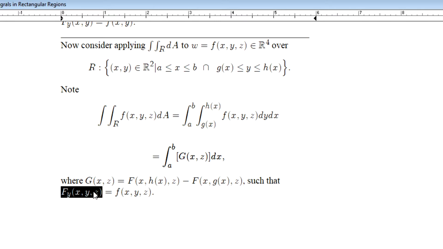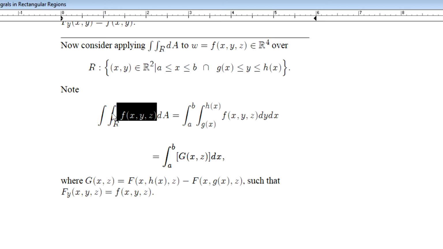being a multivariable description of the antiderivative of little f. It is a multivariable function in four-dimensional space defined in terms of variables x, y, and z, whose first partial with respect to y yields us the multivariable surface, that four-dimensional hypersurface that we're integrating across in our double integration.